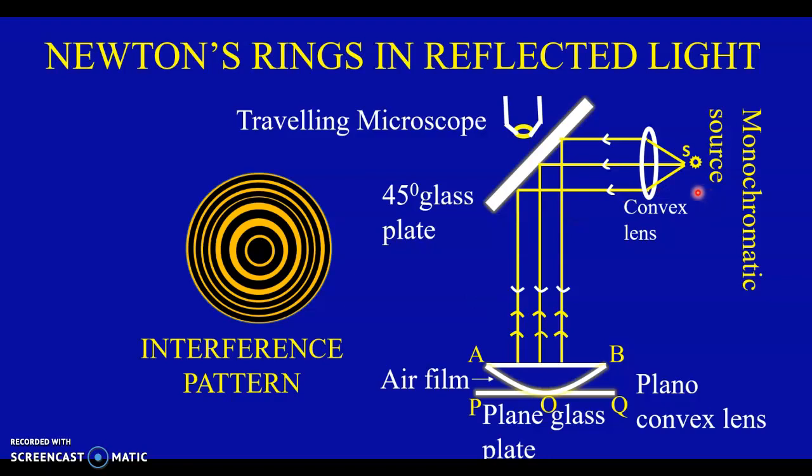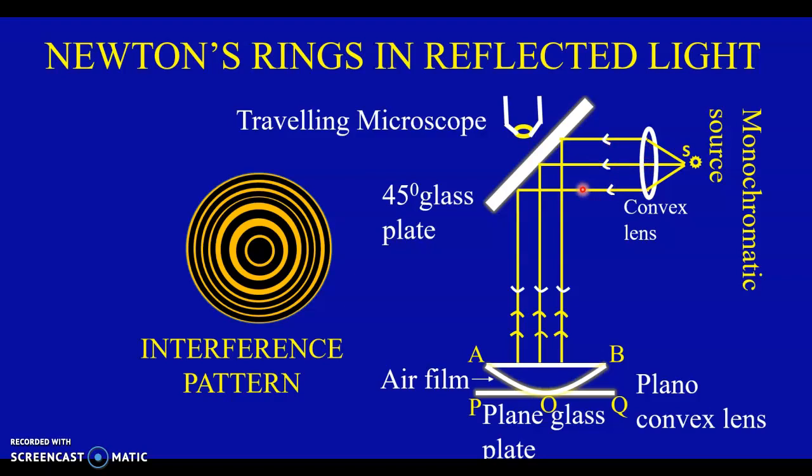You can see in the experiment we have a monochromatic source of light and a convex lens. When light falls on this convex lens, if the distance between source and lens is equal to the focal length of the lens, this convex lens renders the beam parallel.